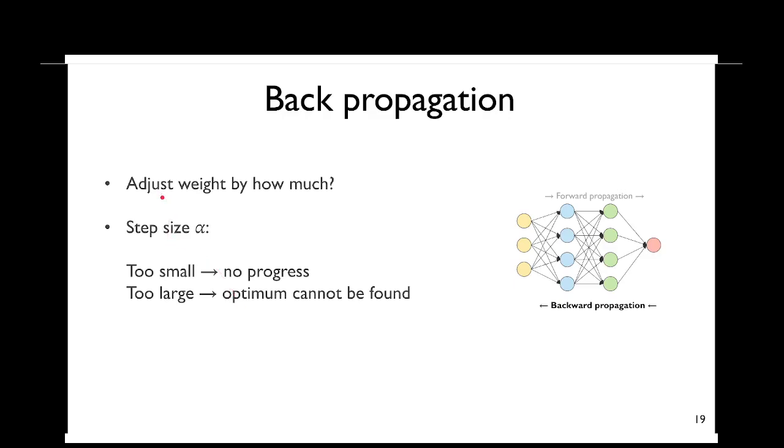Now, the second question was by how much to adjust the weights, and that's the step size alpha. And we will see that if we have alpha too small, then we make no progress in improving our neural network. And if we make alpha too large, then we cannot find an optimum that reduces the error.